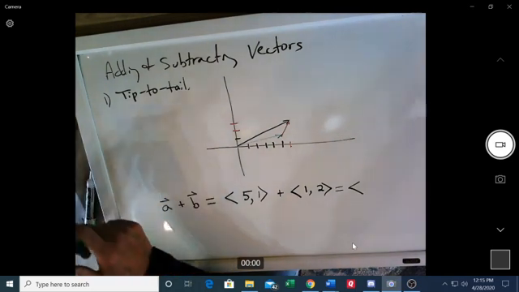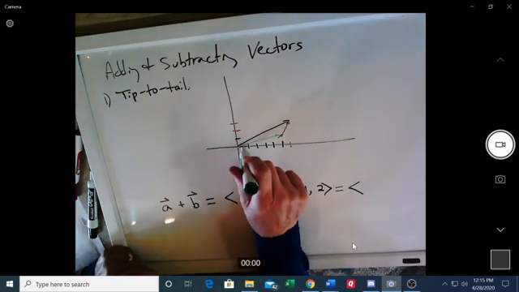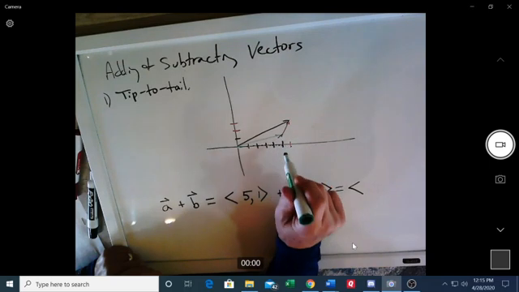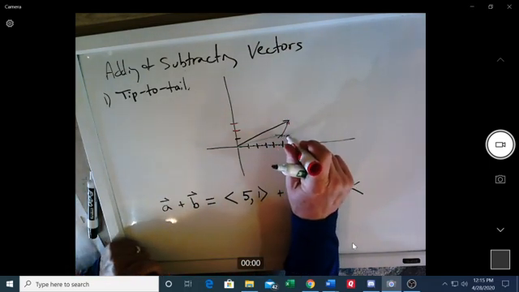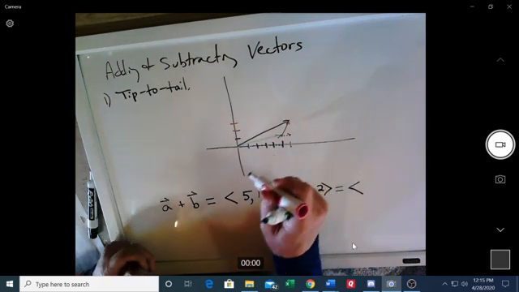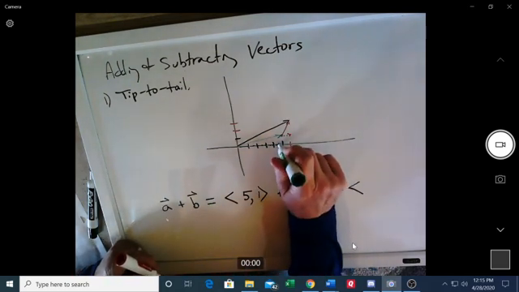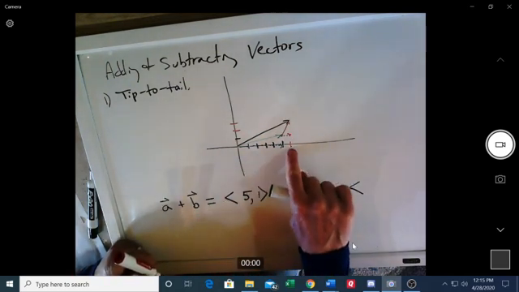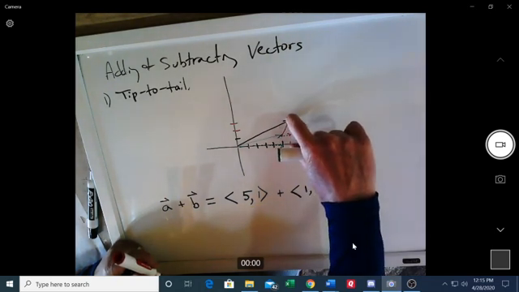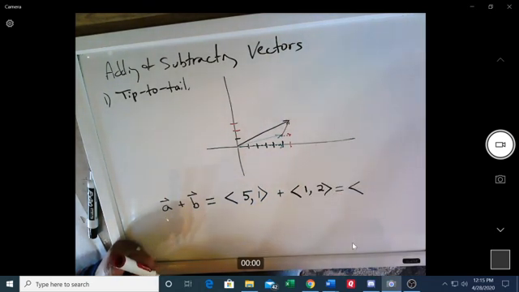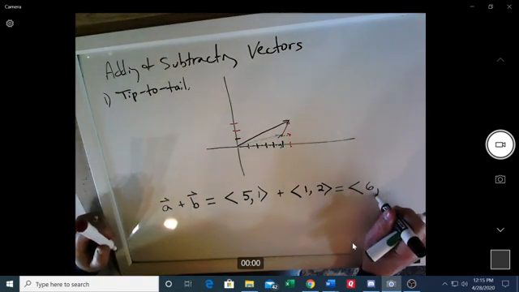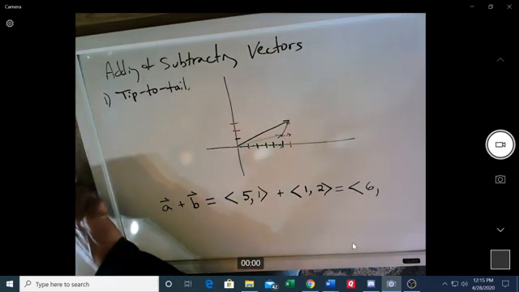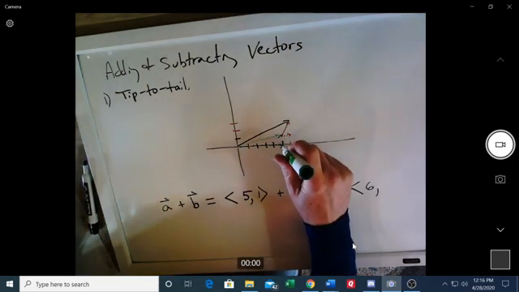The green one, its horizontal component, and the red one, its horizontal component, they just added together to give me the horizontal component of the final one. You just add 5 and 1, and you get 6.